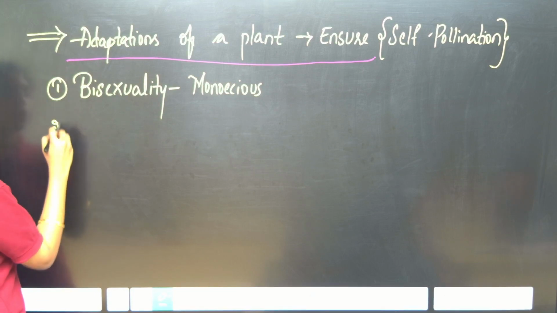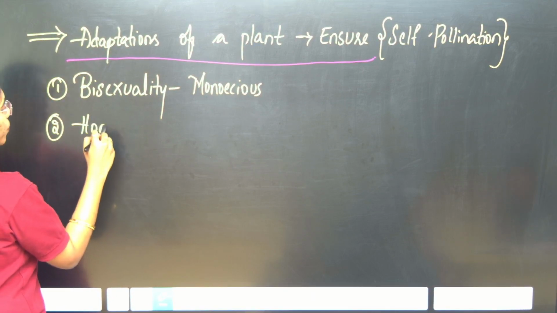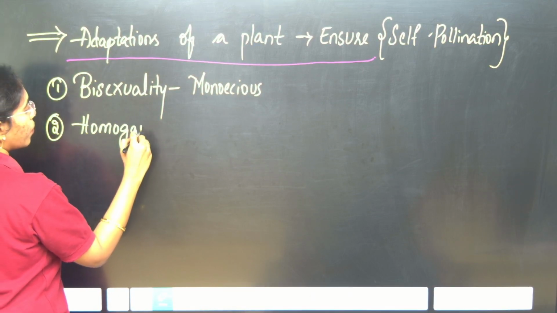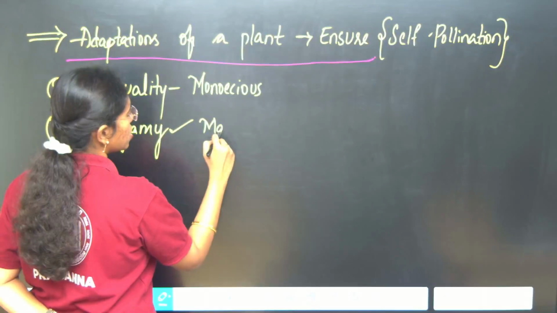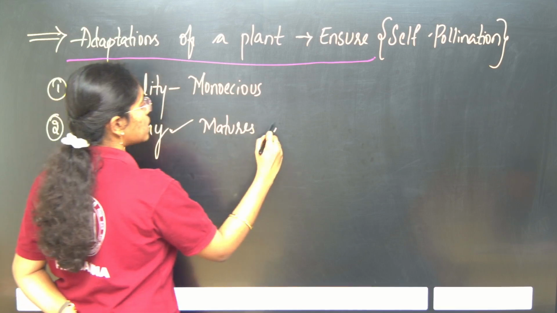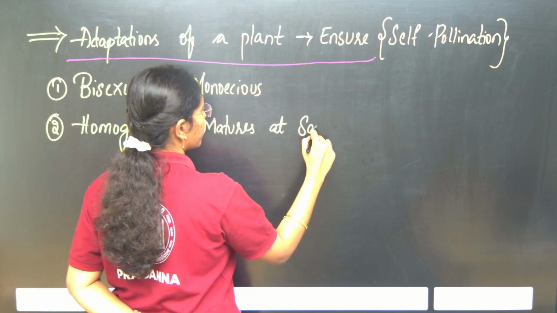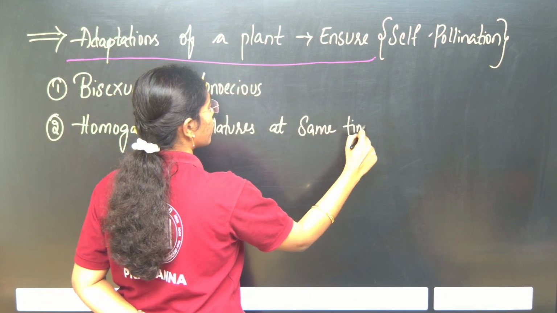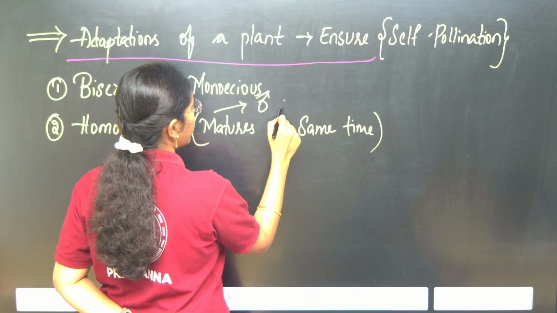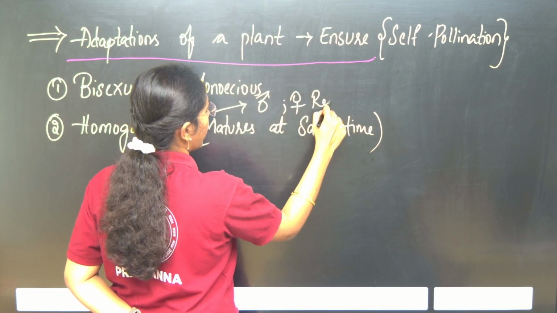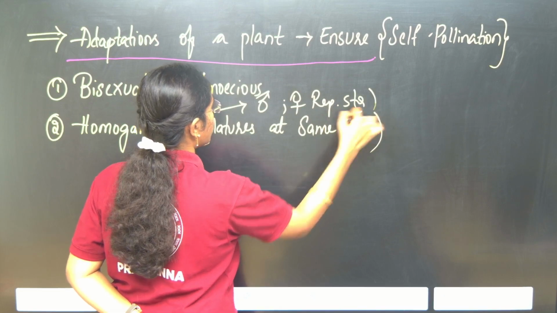Next is homogamy, which means both stamen and pistil mature at the same time. Both androecium and gynoecium mature at same time. Male and female reproductive structures mature at same time.